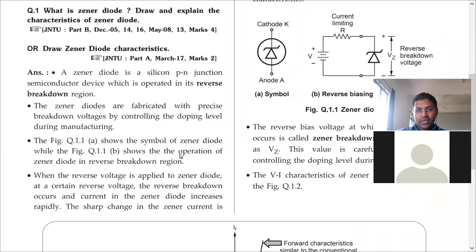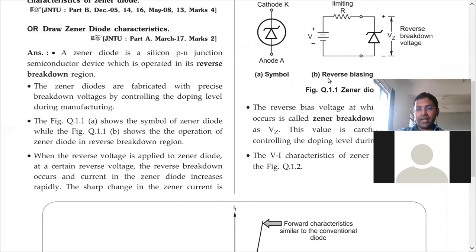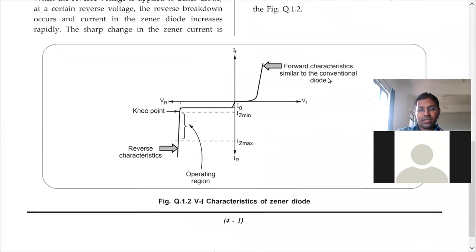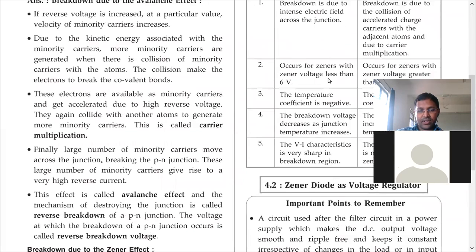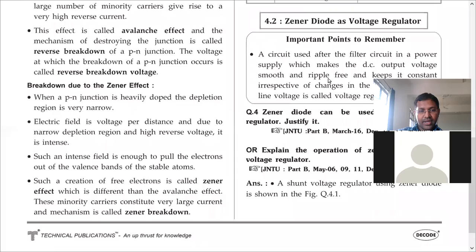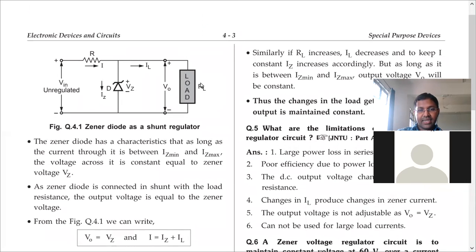So here, obviously, the circuit we now have will be simply R and the Zener diode. In addition to that, a load resistor RL. So R, the Zener diode, and in parallel to that Zener diode, we will connect RL.